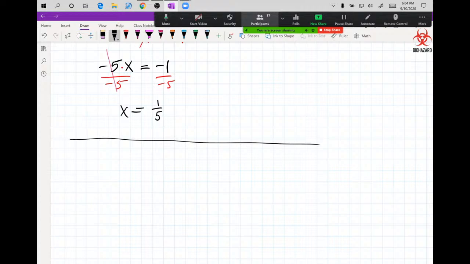Let's go and start with problem 36, which says 31 is equal to negative 7x minus 4. All right, so I'll give you some time to figure that thing out.